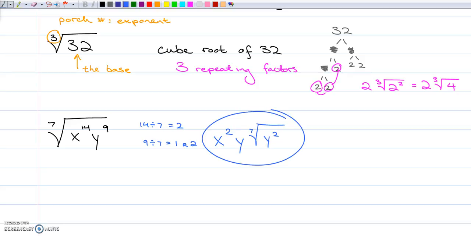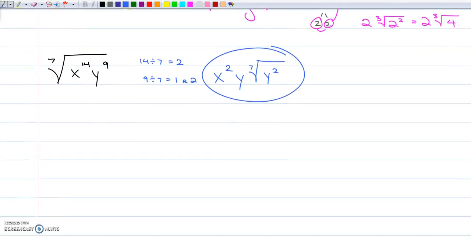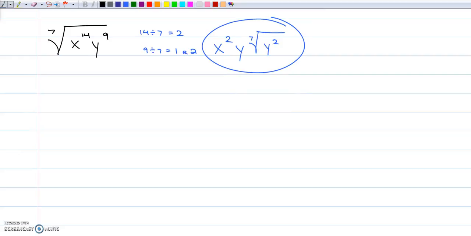So if I continue to talk about changing the porch number, I can do that as many different ways as I want to. So giving you one more example, if I said, tell me what you get for the 5th root of 64 x to the 10th y to the 200 power.